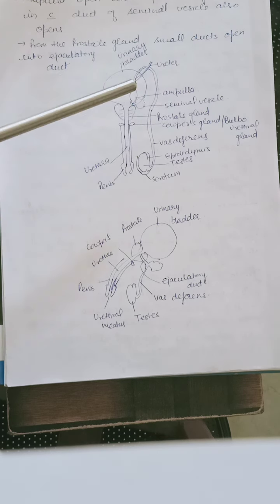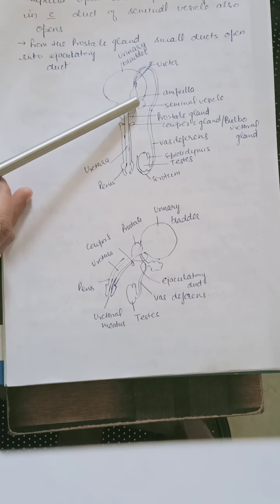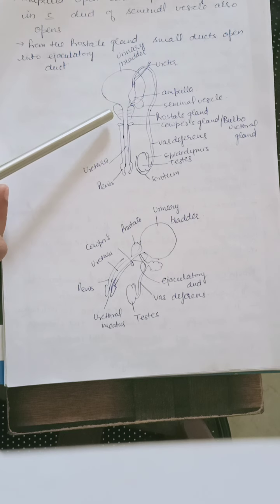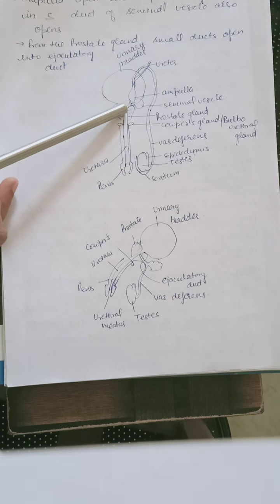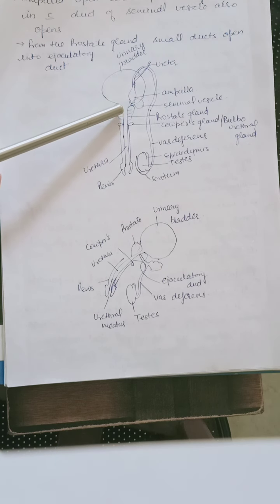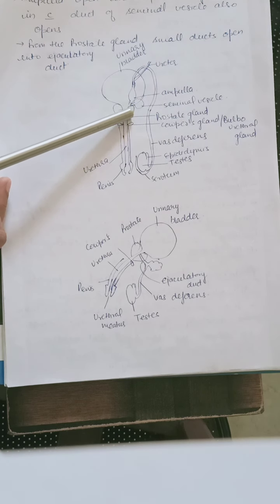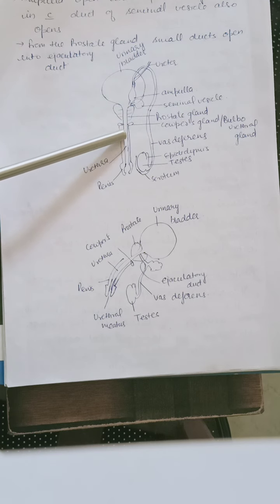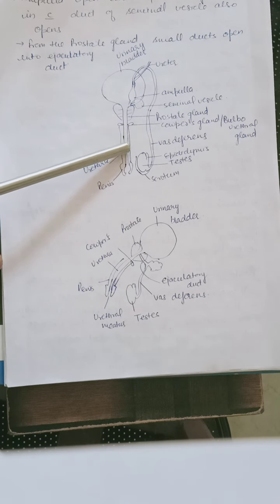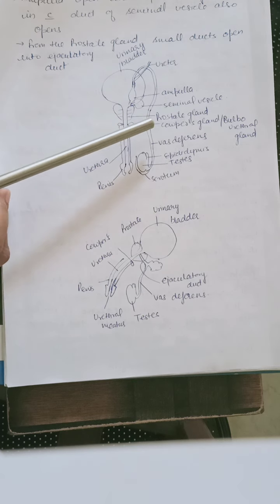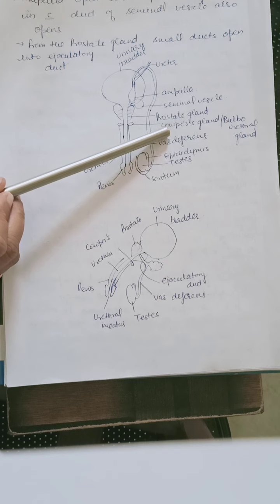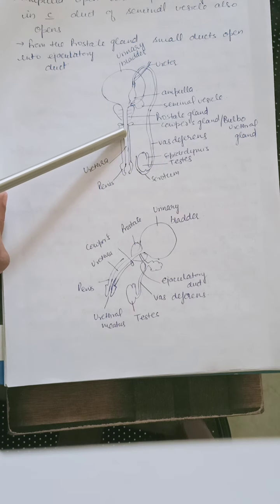From the prostate gland, see, this is the prostate gland. Seminal vesicles are paired glands, whereas the prostate gland is a single gland. From the prostate gland, many ducts open into the ejaculatory duct. I have shown this by drawing the lines here. In the ejaculatory duct, Cowper's gland also pours its secretion.